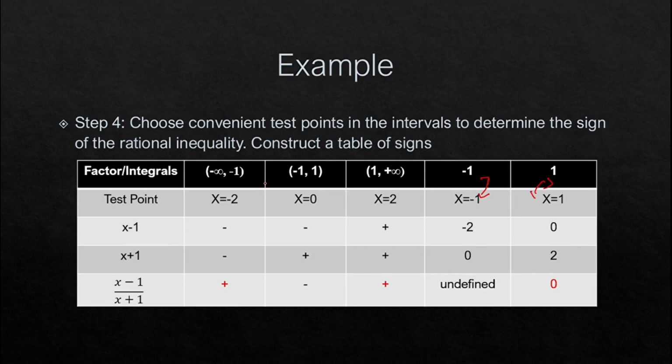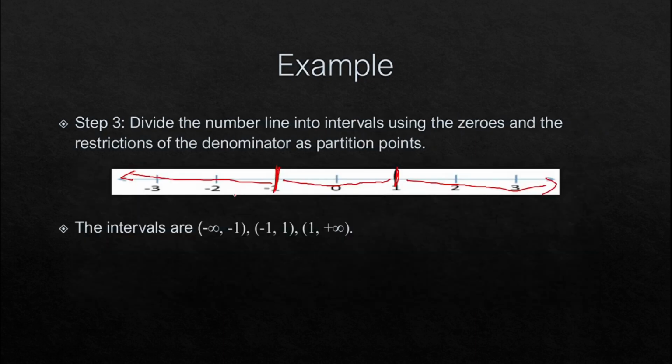Pero dito, ang hanapin nyo, ang interval dito, negative infinity to negative 1. So, hanap kayo ng x value dito, any x value na that will fall in line in this interval. So, in this case, pinili natin negative 2 because it falls in line in the interval negative infinity to negative 1. Dito na naman, sa negative 1 to 1, pinili natin 0 because it falls in line between this interval.